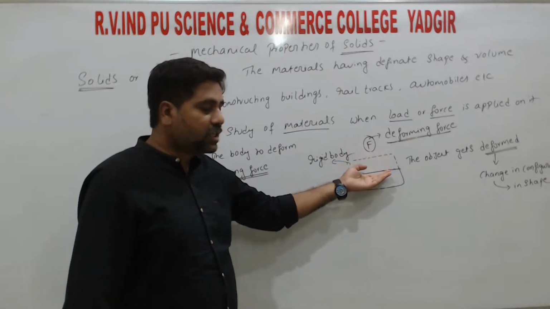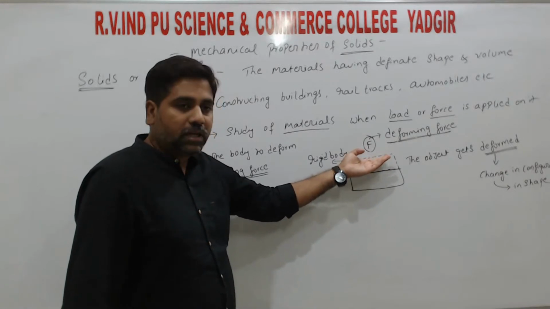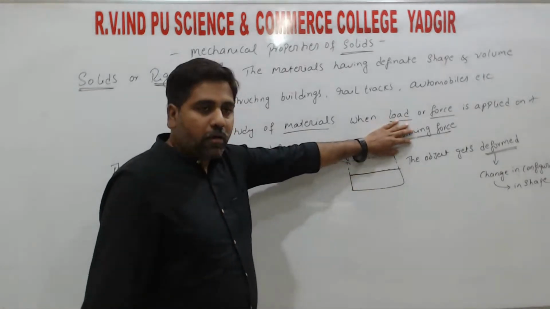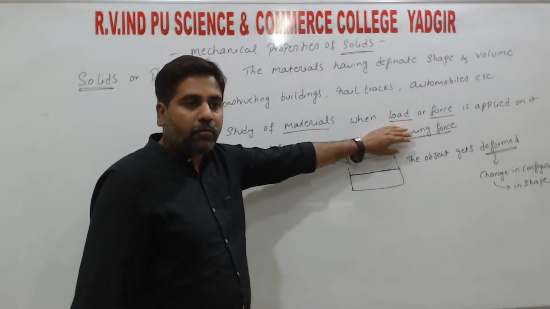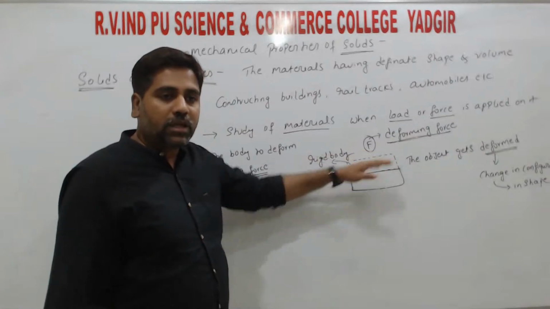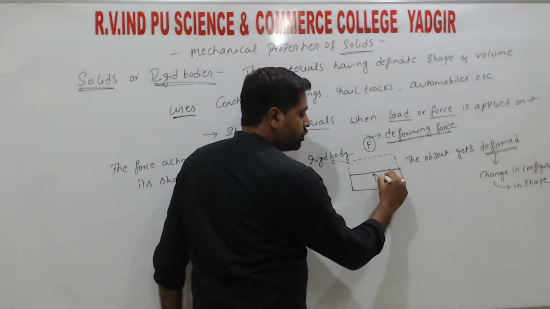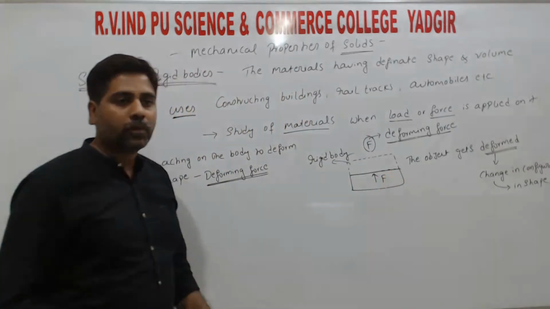The force which is responsible to come back to its original shape when the deforming force is removed. So when we remove the deforming force, then it will come back to its original shape, original configuration. So alli kuda namage force irutte.